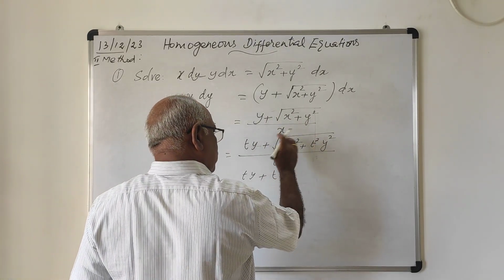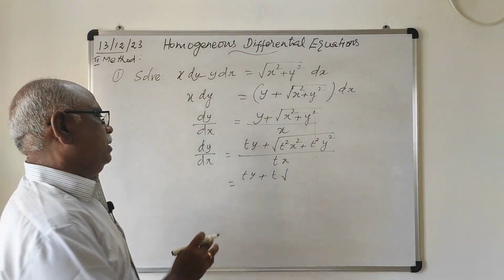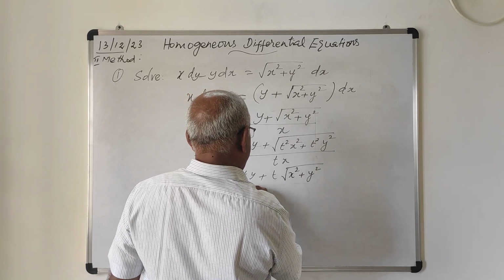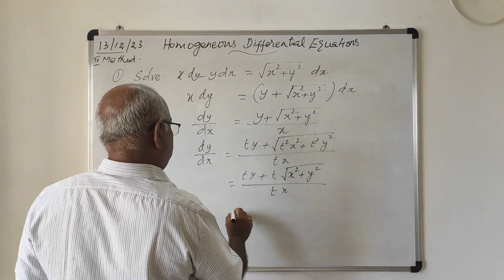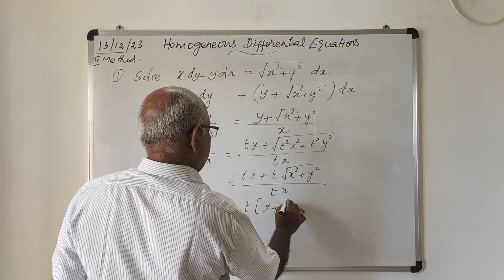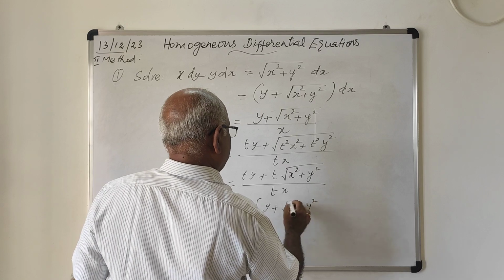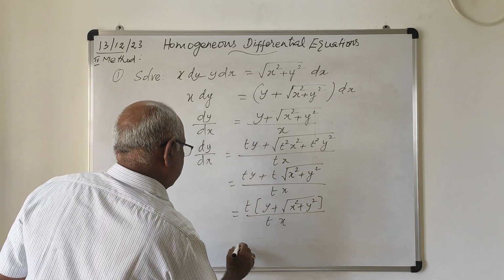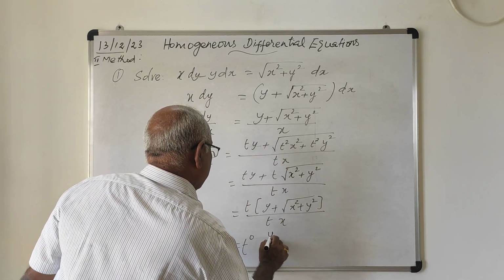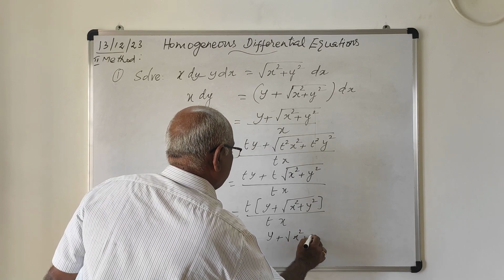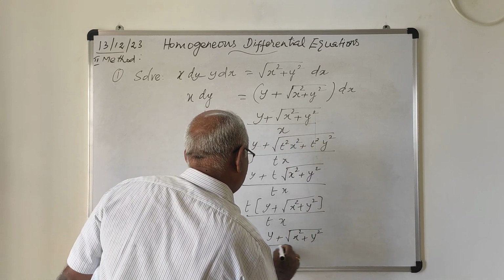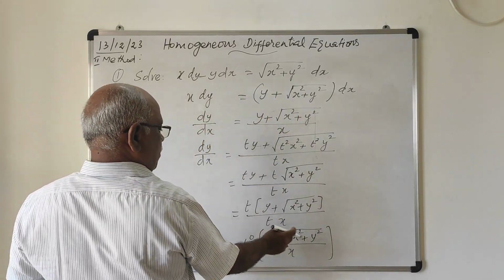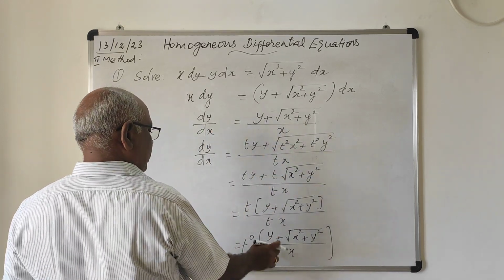So the numerator has t common, you will get t into y plus root of x square plus y square by tx. T by t becomes t power 0, y plus root of x square plus y square by x. So dy by dx is this.